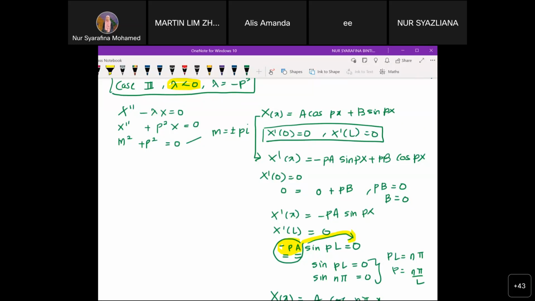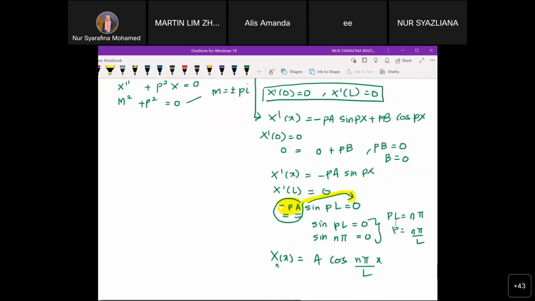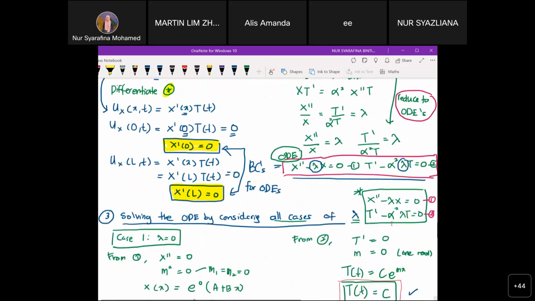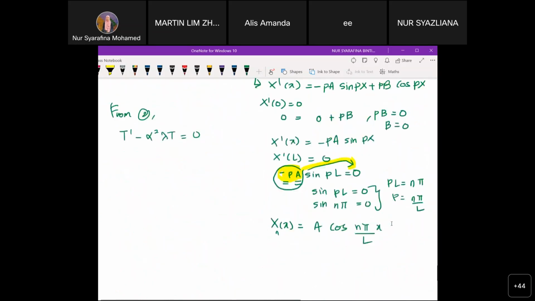Okay, so now you have your X. You know that this solution consists of X, so of course you have to proceed with finding T. So from the second equation, T prime minus alpha squared lambda T equals 0. Right?